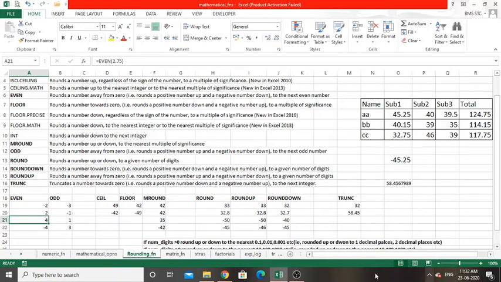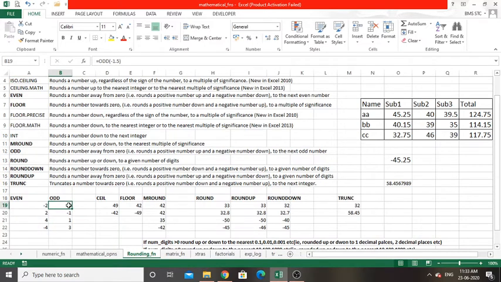So it is positive 4. The last one is equals even of minus 2.75. Similar to the previous one, but it is a negative number, so it will round it negatively down to the next even number. Thus it resulted in minus 4 as output.